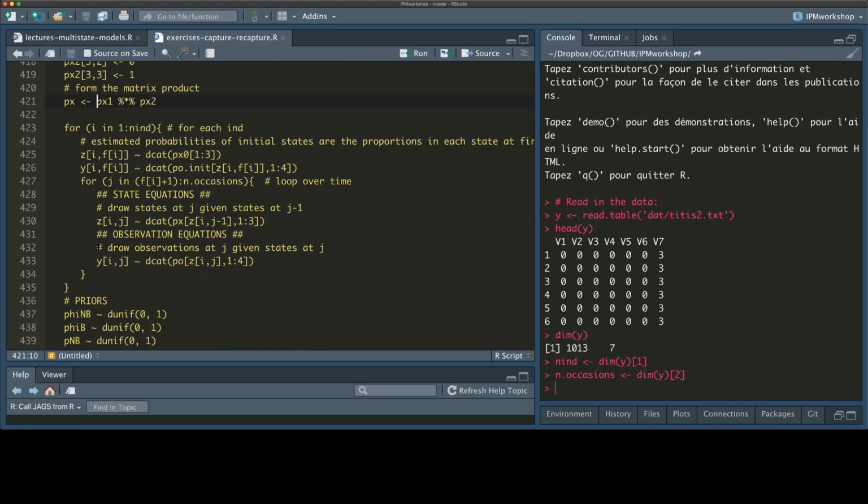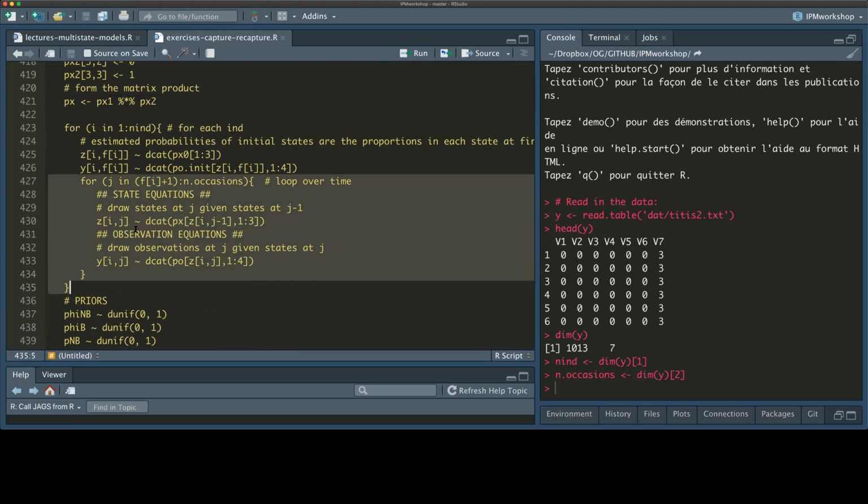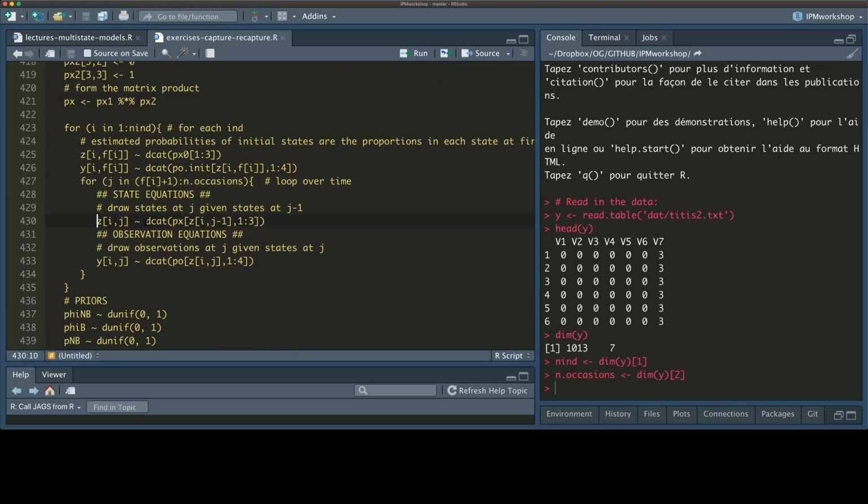It's really the only thing that differs from before. The likelihood is really the same as in the multi-state models. You have the Z that are taken in a categorical distribution, and the observations that are taken in a categorical distribution as well. It's just that now we have to have this Z here.